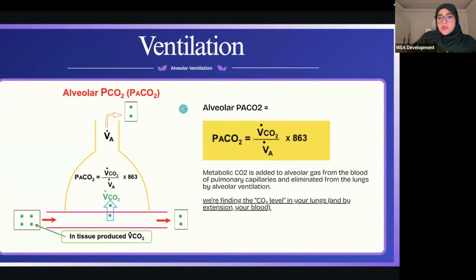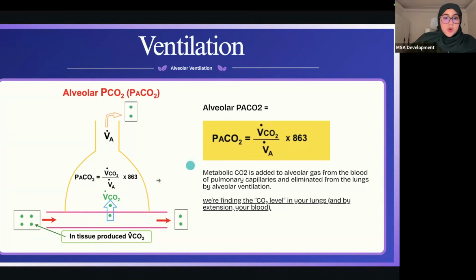To understand the partial pressure of CO2 over here, you have to understand how it goes in and goes out. We're just trying to figure out how much CO2 is actually in your lungs. And this is all for medical assessments to see your pulmonary functions are intact and you're ventilating properly.